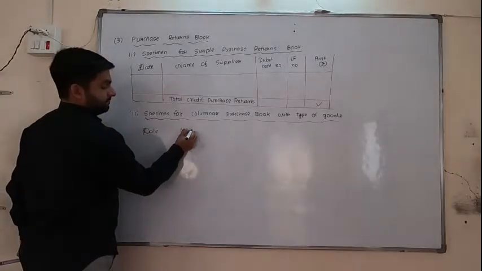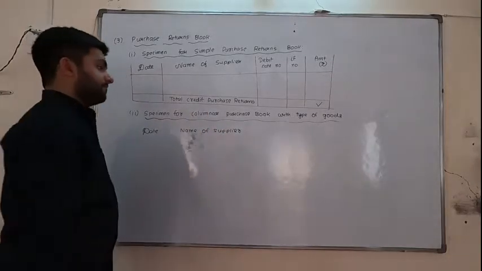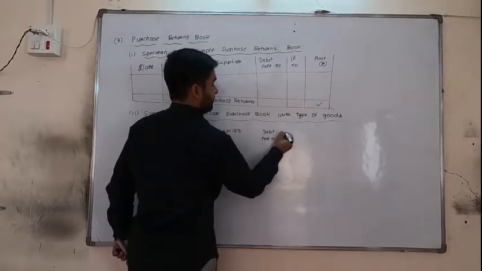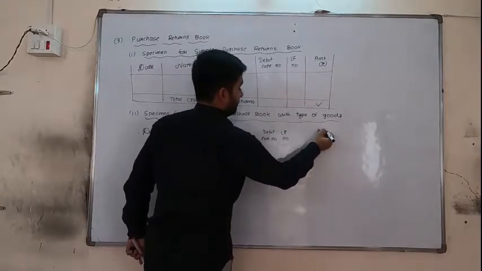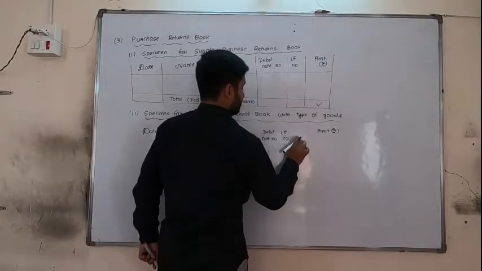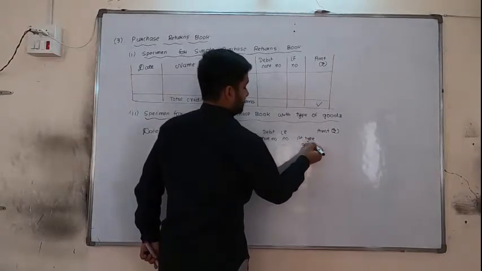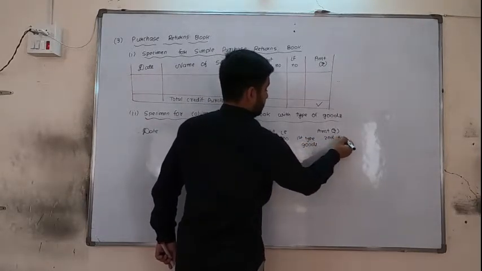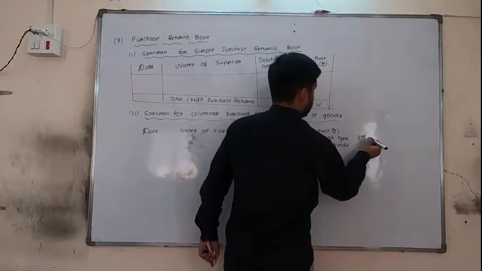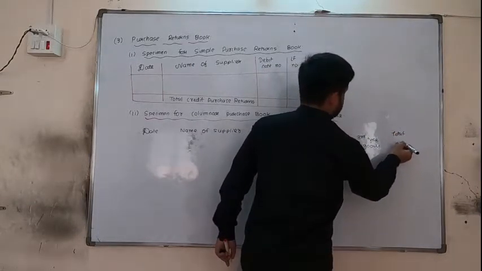Date, name of supplier, debit note number, LF number. Now for amount in rupees, first type goods, second type goods, third type goods, and finally total amount.